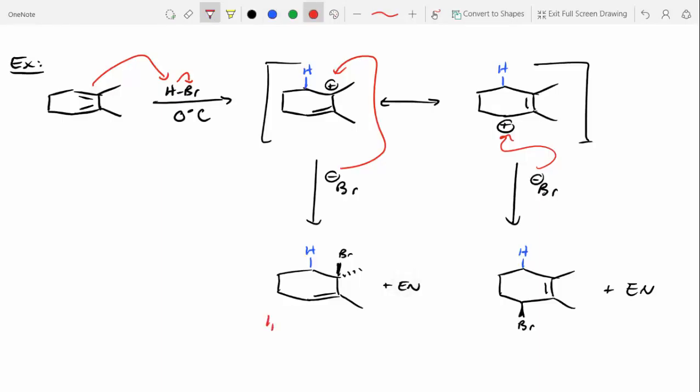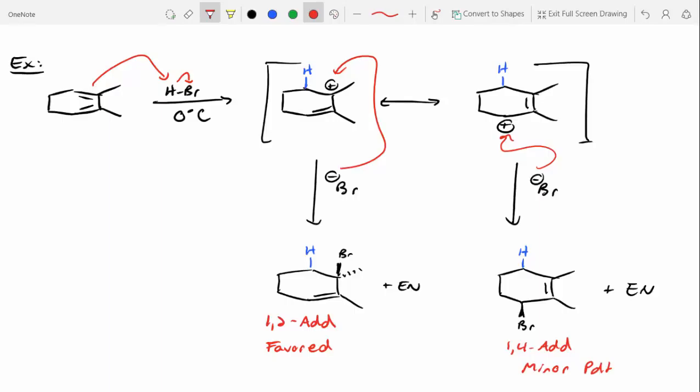So this is 1,2 addition, and it's favored at low temperature. If we look at the one on the right, this would be 1,4 addition, and this would be our minor product. It's not going to be favored at low temperature conditions.